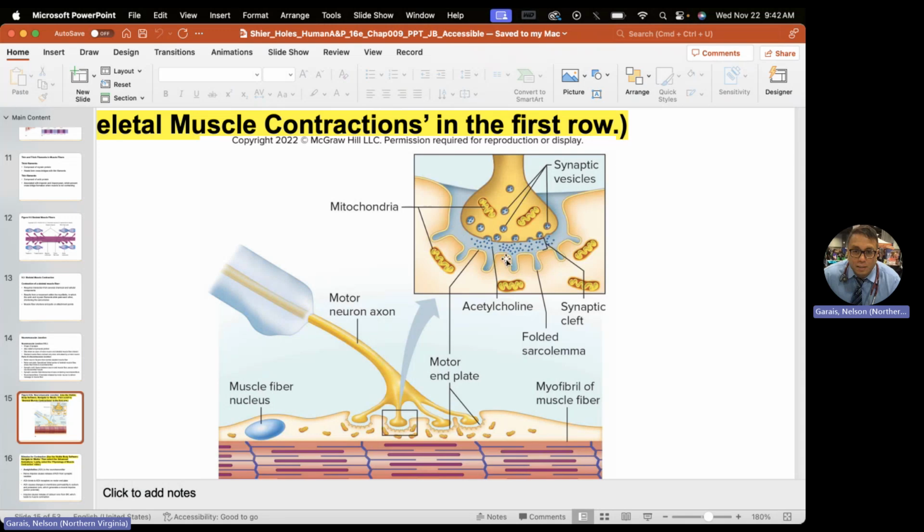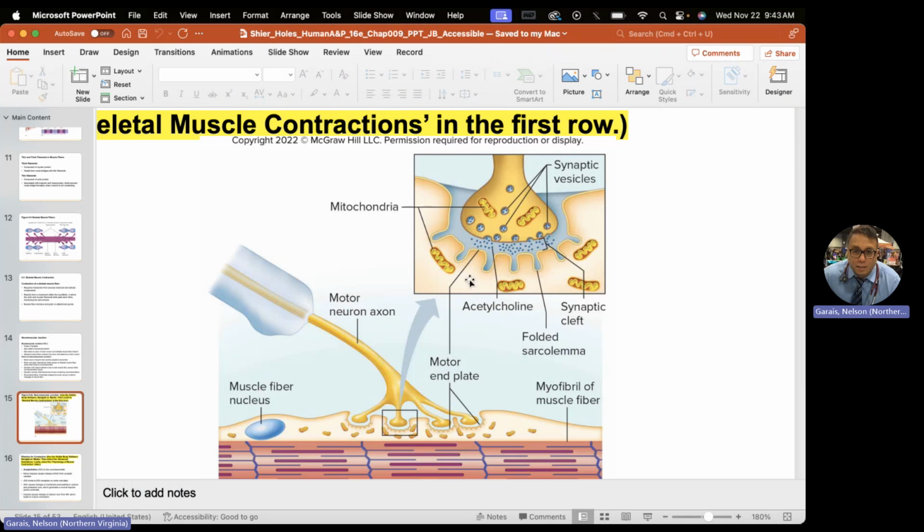Once all these synaptic vesicles that have acetylcholine in them move all the way down, this is the postsynaptic area. The postsynaptic area is already your muscle. So now the electrical signal is coming from this chemical signal.